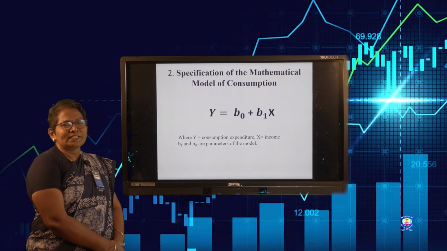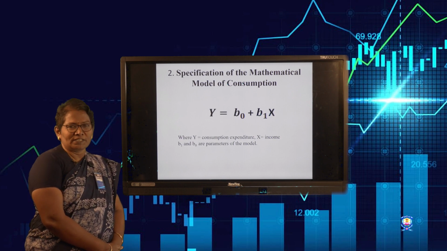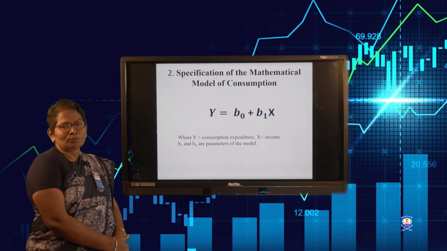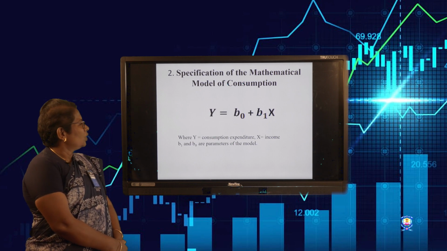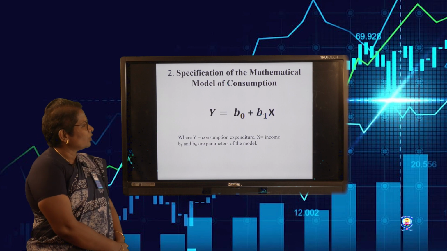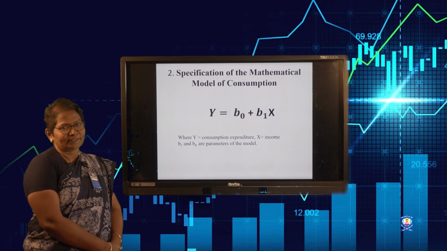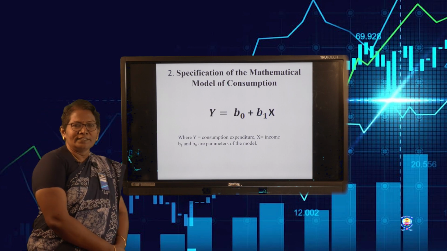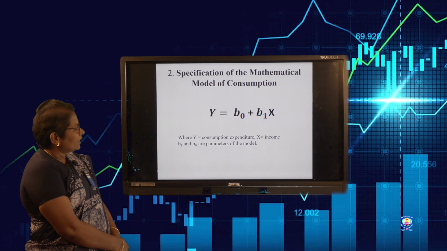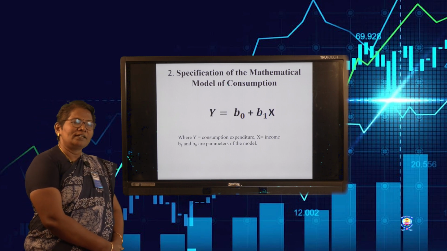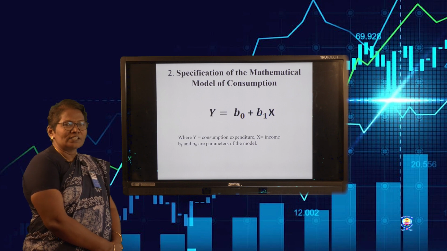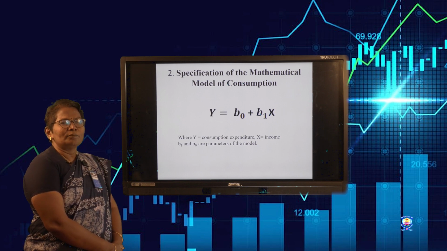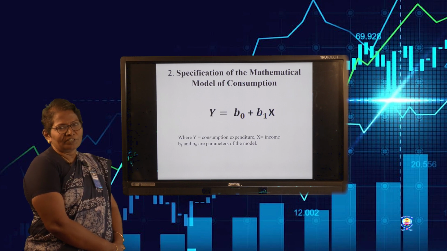For the sake of simplicity, the mathematical economists might have formulated the Keynesian consumption function in this mathematical form, that is y = b0 + b1x, where y denotes consumption expenditure, x denotes income, and b1 and b0 are parameters of the model, b1 is the slope coefficient and b0 is the intercept coefficient.